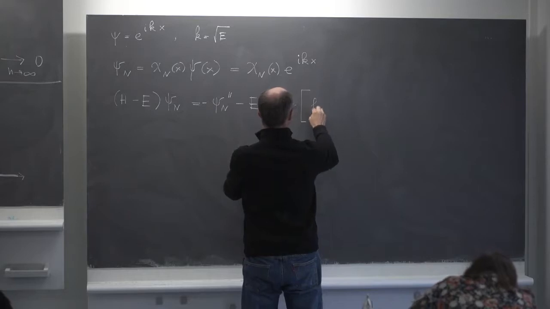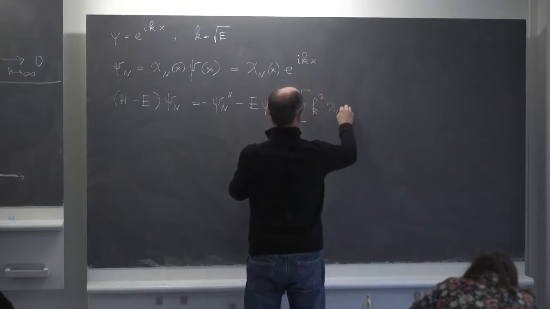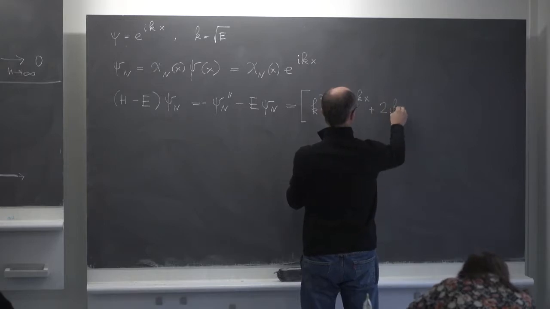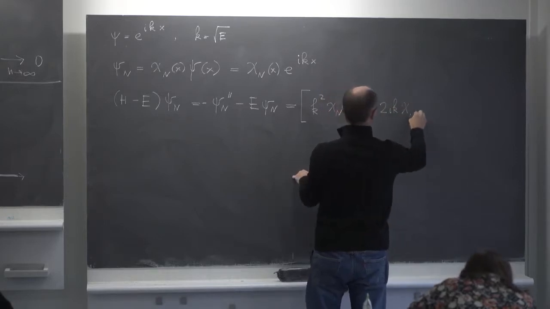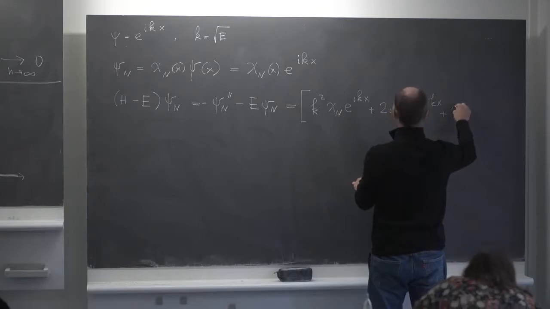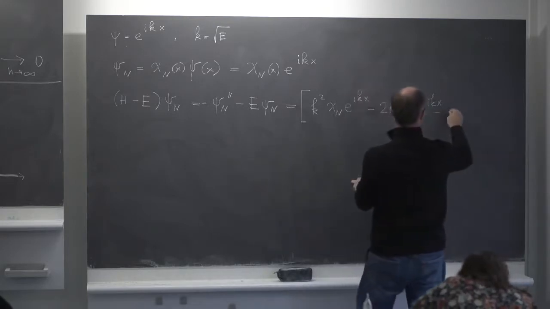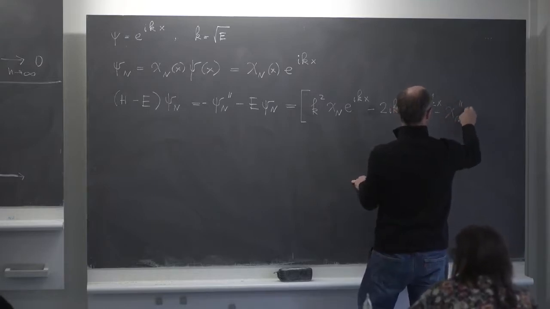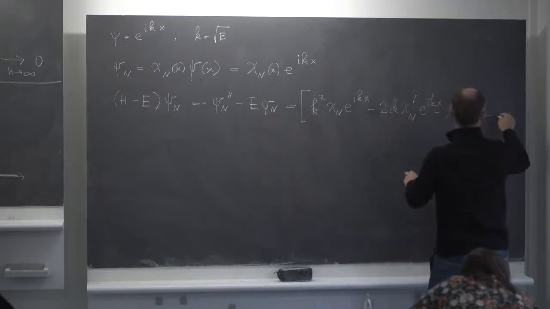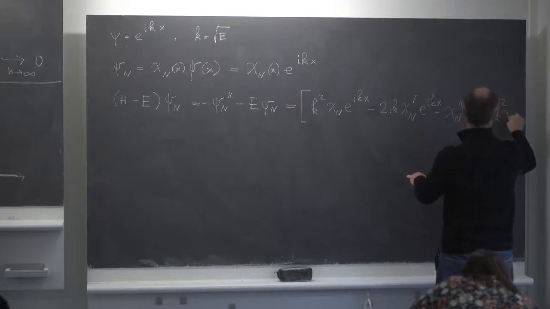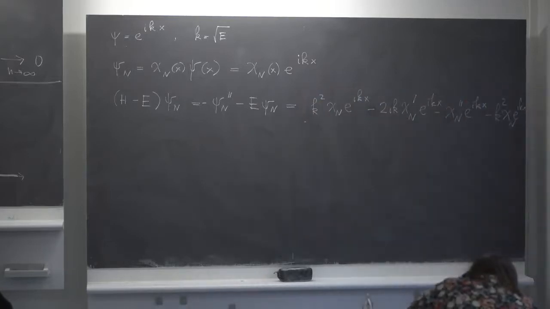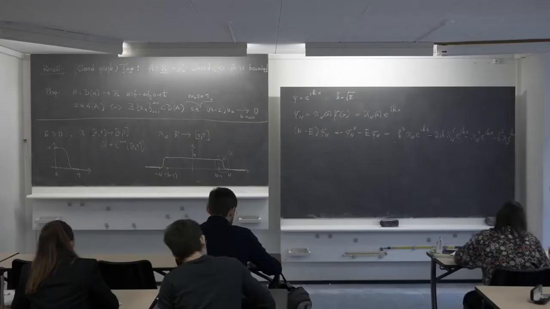It will be k squared chi n exponential ikx plus 2ik chi n prime exponential ikx minus chi n double prime exponential ikx, and minus E is equal to k squared, minus k squared chi n exponential ikx. So that's what we are getting, I think.